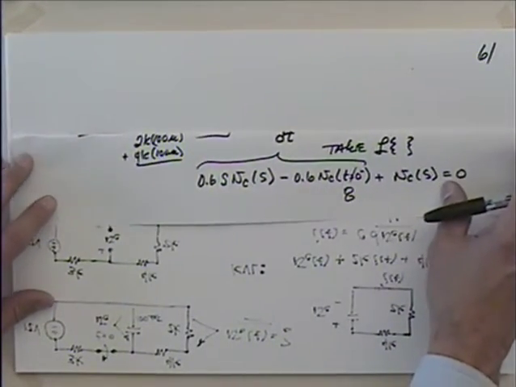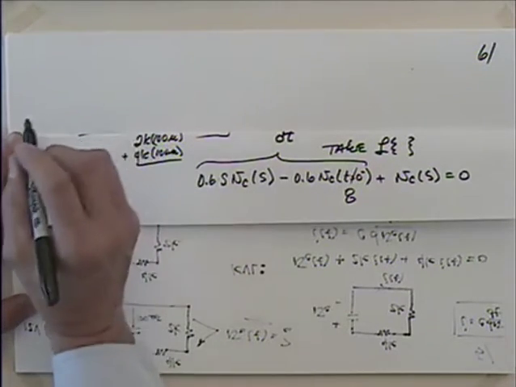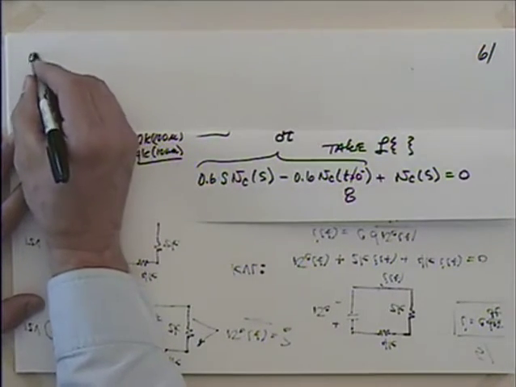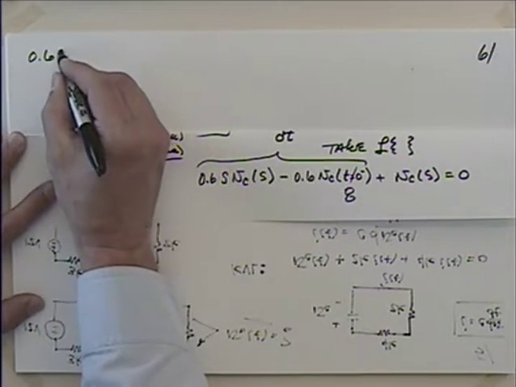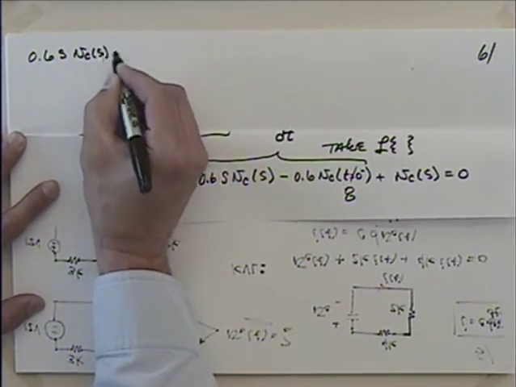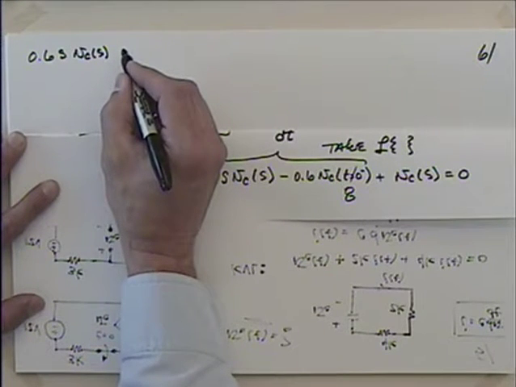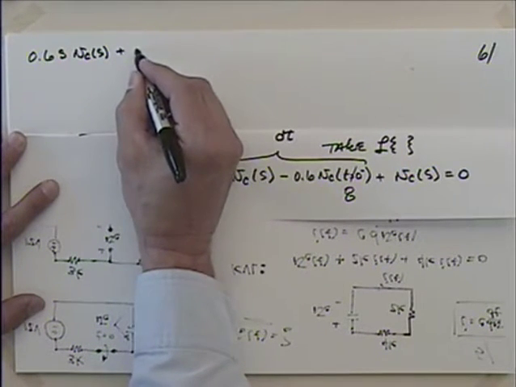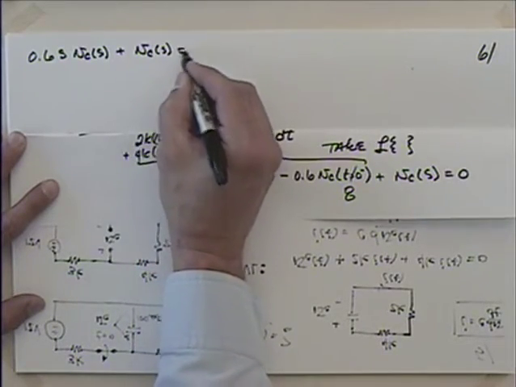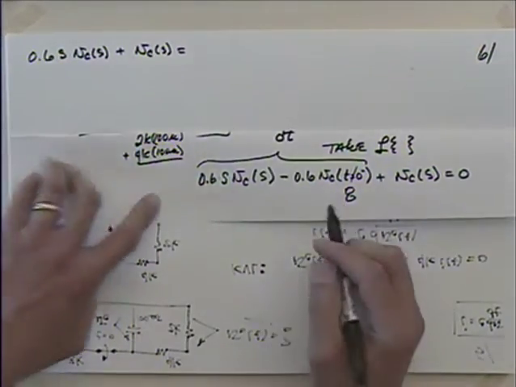So I can say that I have 0.6 s Vc in the s domain plus Vc in the s domain is equal to, see what this all turns out to be?